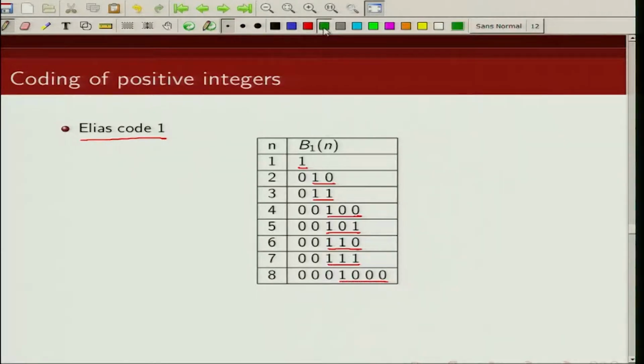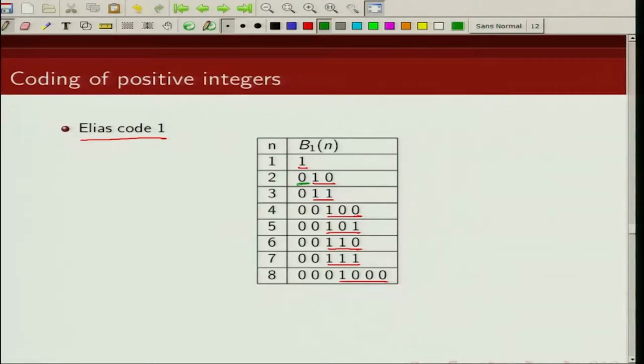Now what did he have before this? He had a run of 0s to denote how many bits follow.